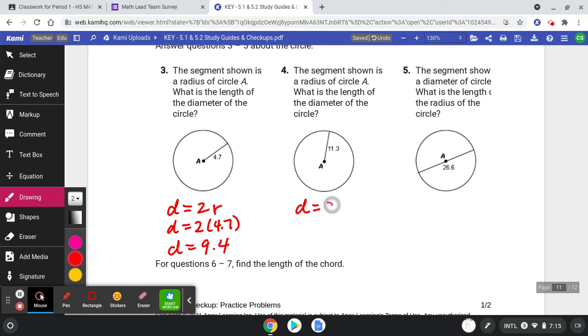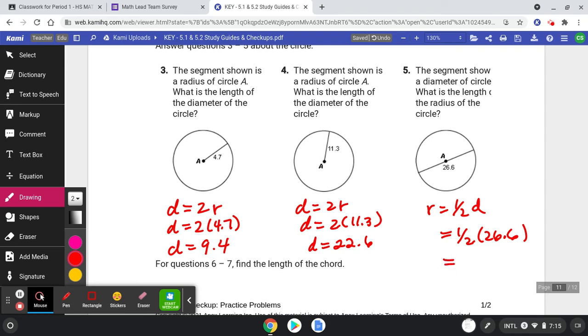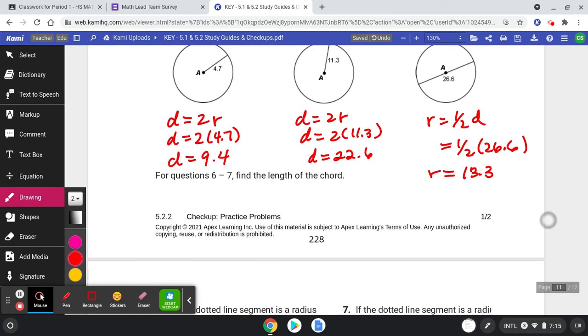Over here it's 2 times the radius, 2 times 11.3, so 22.6. And this time they gave us the full diameter and they want the radius. So we know that the radius is half the diameter, or half of 26.6, or 13.3. How'd you do?